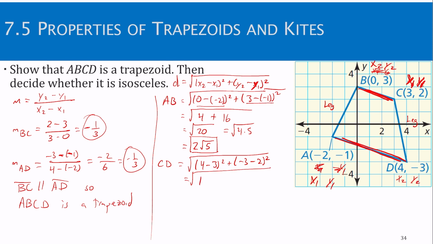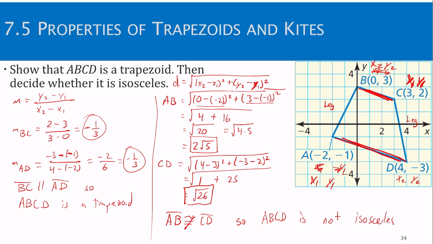So this is 1 squared and negative 5 squared, so that's the square root of 26, which is 2 times 13, so we can't simplify. So we look at those. Are those the same? No. AB is not congruent to CD, so ABCD is not isosceles because the legs are different lengths.